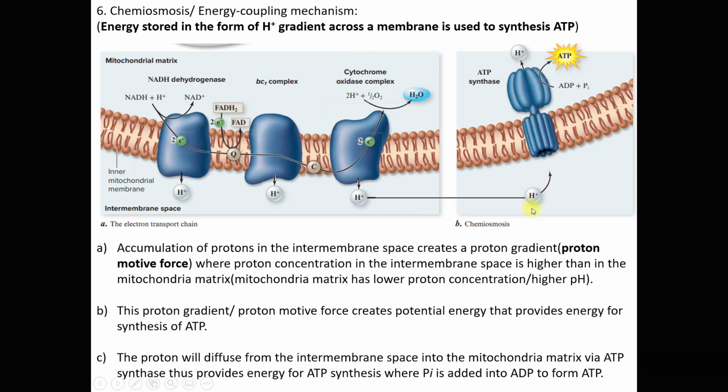So every time this proton diffuses through this ATP synthase, what happens? Energy is provided for the ATP synthesis, where inorganic phosphate is added into ADP to form ATP. So that's how we get ATP from chemiosmosis, okay, as well as from the electron transport chain.